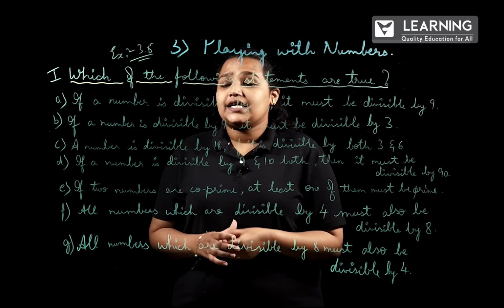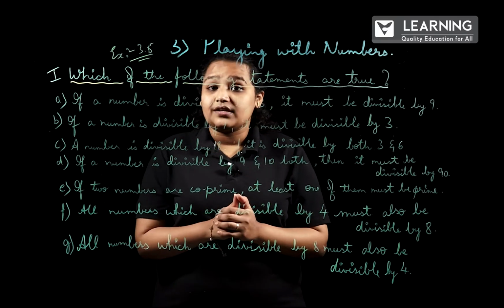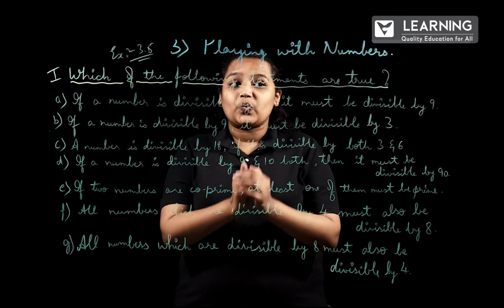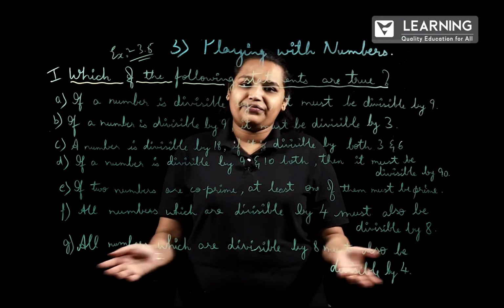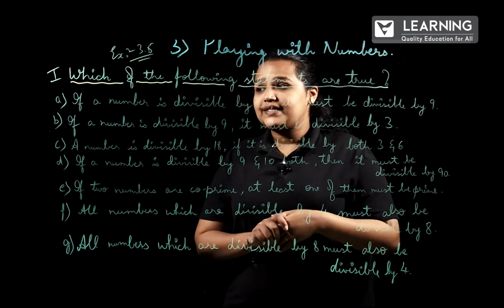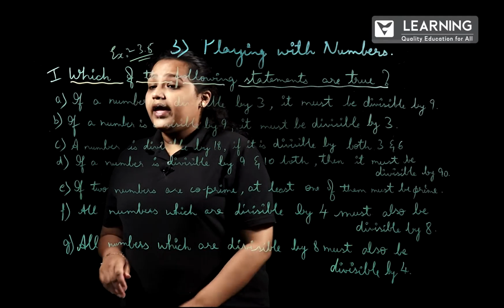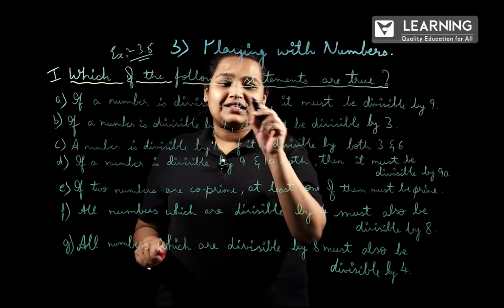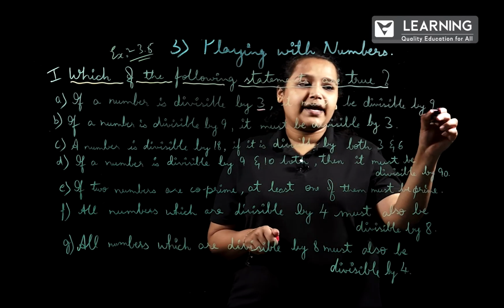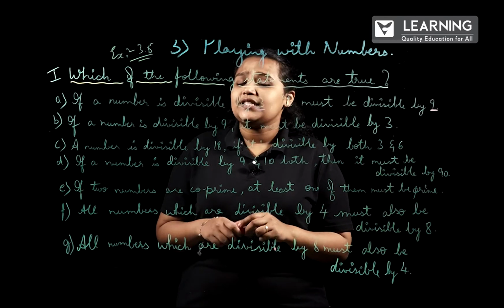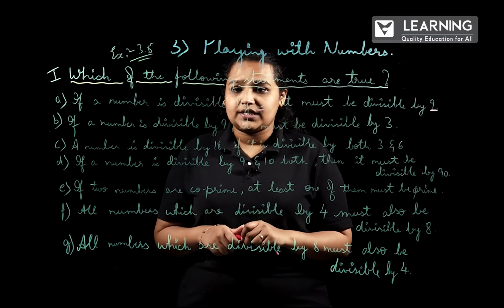Here we'll be dealing with problems on prime factorization. Before that, there are statements given where we have to say whether they are true or false. Let us start with the first statement: if a number is divisible by 3, it must be divisible by 9. Is this possible? Just think about it once.